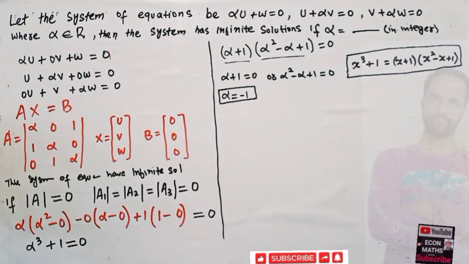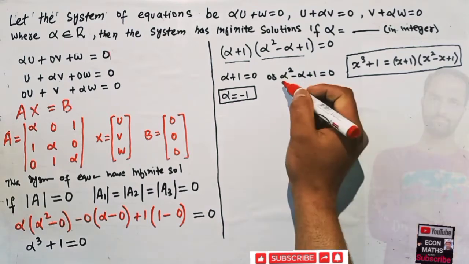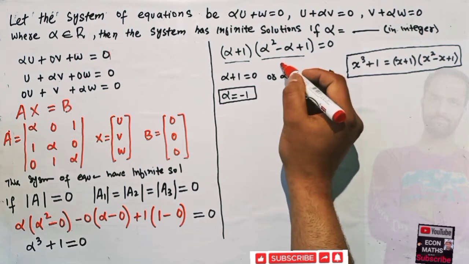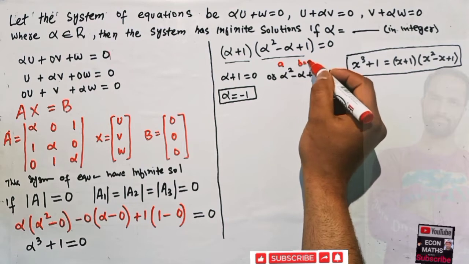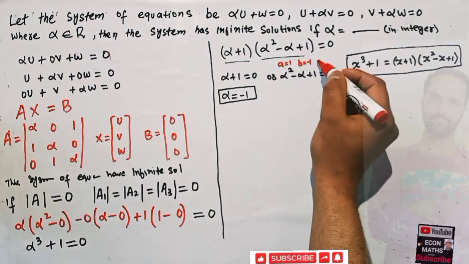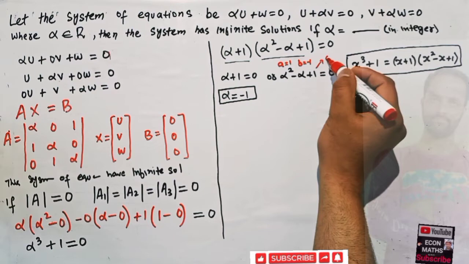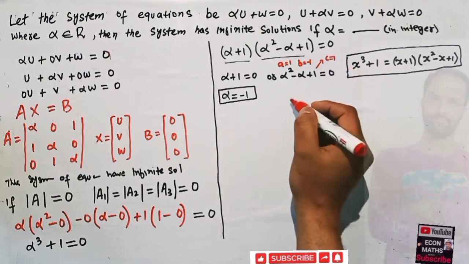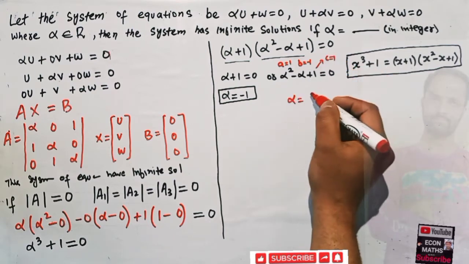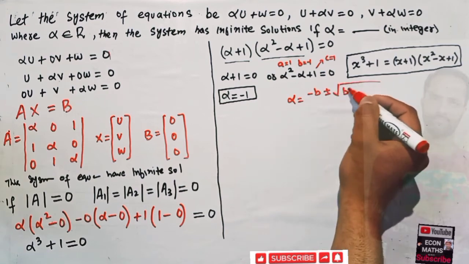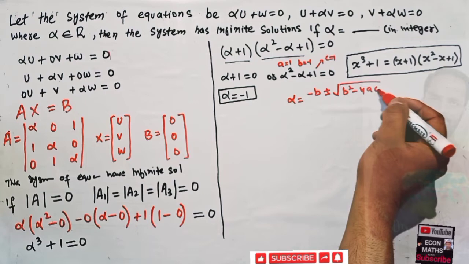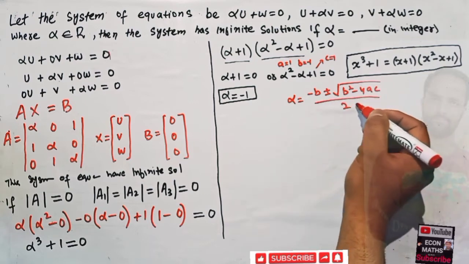And what is the quadratic formula? Let's write here. The coefficient of alpha squared is a, which is 1, b is minus 1, and in place of c we have 1. Using the quadratic formula, alpha will be equal to minus b plus minus under root b square minus 4ac, divided by 2a.